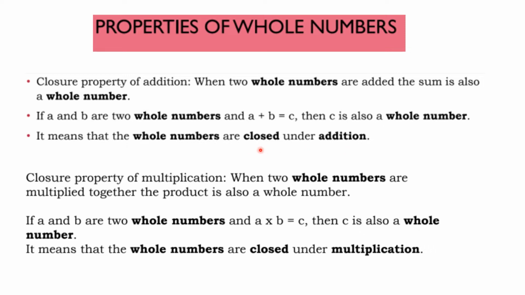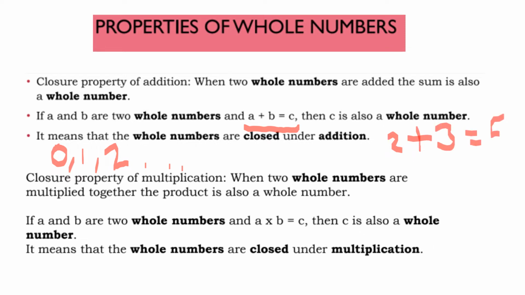Now what is meant by closed here is that the number c also lies in the set of the whole numbers. Let us understand this by an example. We know the whole numbers are 0, 1, 2 and so on. So when we say a plus b equal to c, let a be 2 and b be 3.